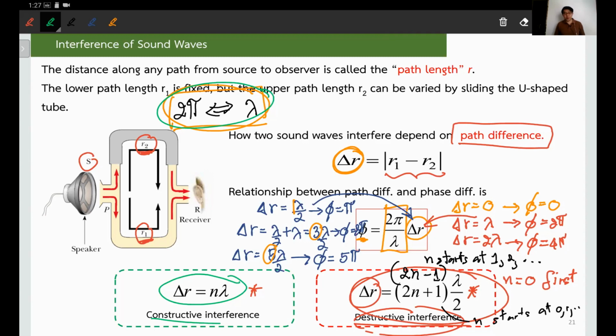Okay, about the question, how many questions in the midterm? If I remember correctly, 12. 12 questions in the midterm. Yeah, and then actually I can announce this in the Line group as well, so the rest of us can see.